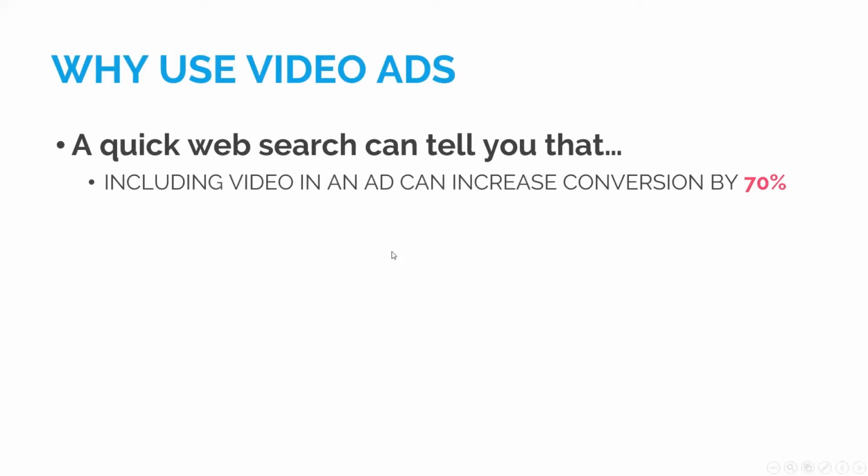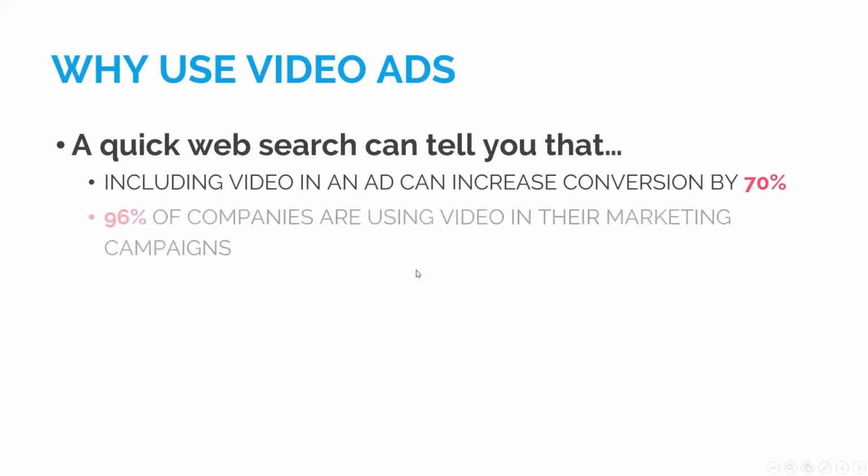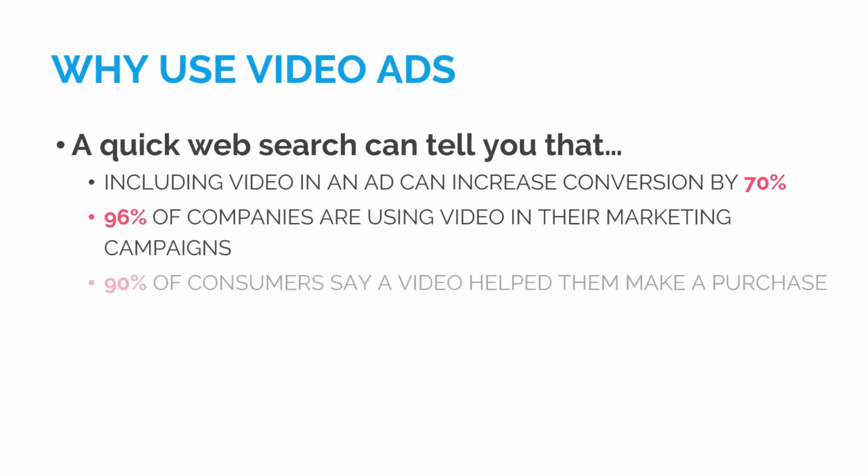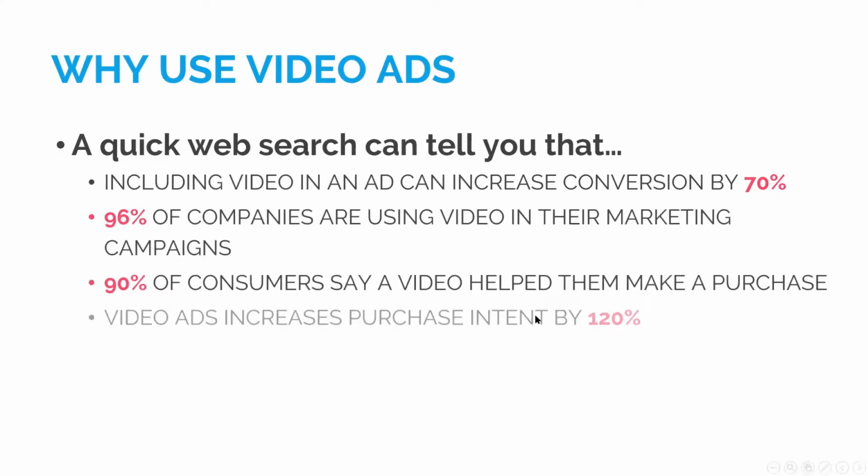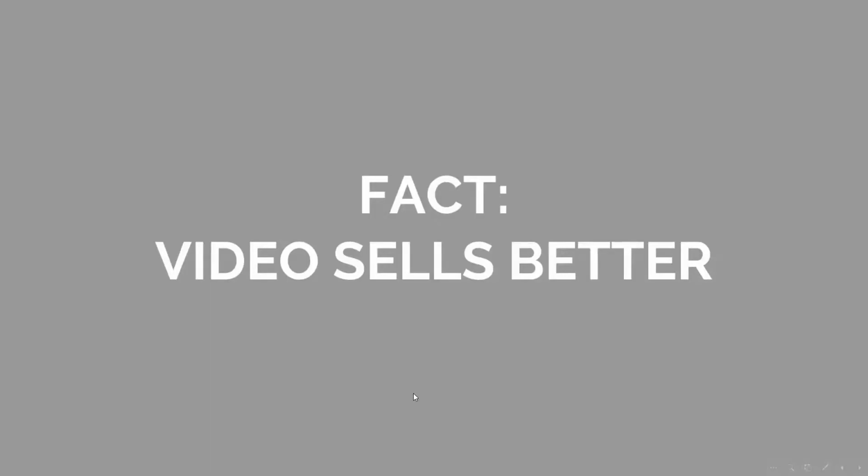Each search can tell you that video ads can increase conversion by up to 70%. 96% of companies are using video in their marketing campaigns. 90% of consumers say video helped them make a purchase, and the numbers go on and on. You can do a search yourself and you will see all that information. But the fact is that video just sells better.